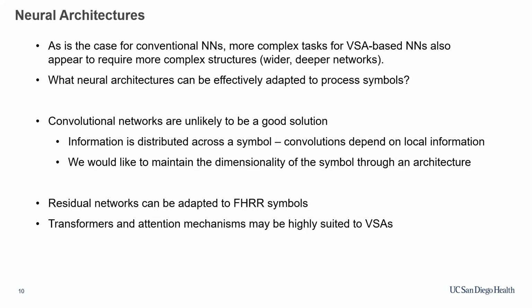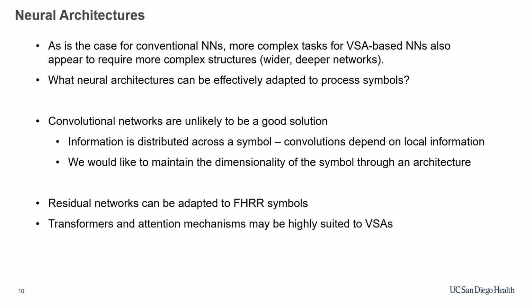One of the main tools used in modern neural architectures is convolutional networks, but we think they're unlikely to be a very good solution, mainly because one of the advantages of the vector symbol is that its information is distributed, and convolutions depend on having local structure and information which can be extracted via the learned kernels.